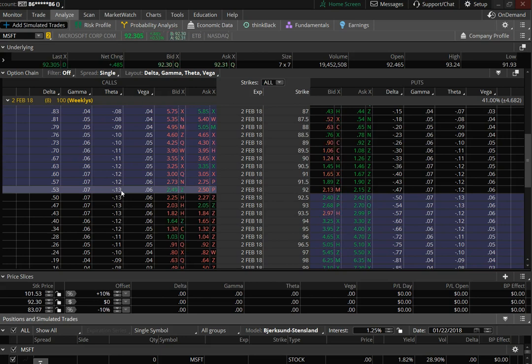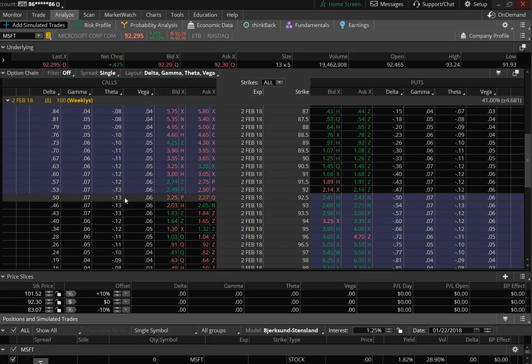Whatever you make is money the seller lost. It's two-way markets, a zero-sum game. Somebody wins, somebody loses. That's how the markets work. But the option buyer takes a little bit more risk because they have to be right in a certain amount of time. So we talked about delta, we talked about theta.